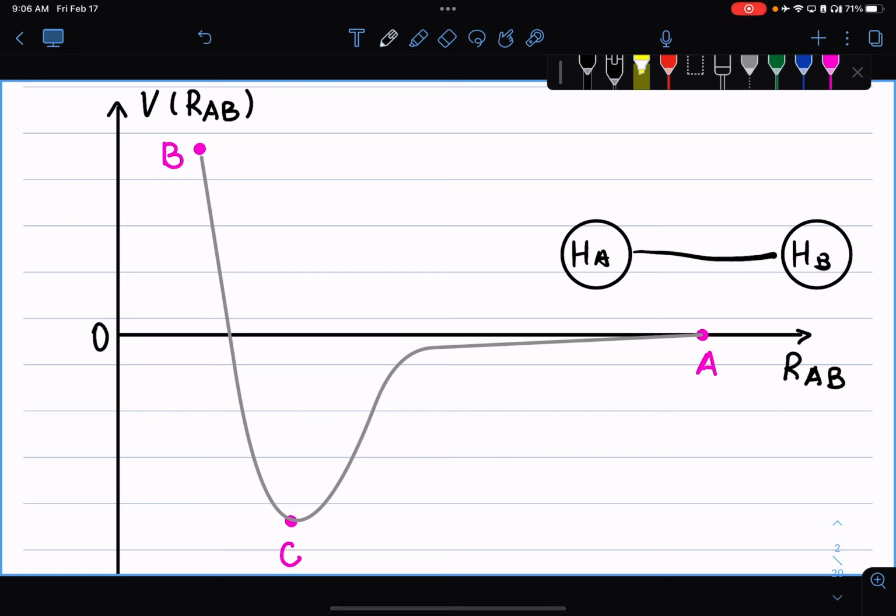They're infinitely apart. Maybe I should use a dashed line. Or we see the distance between A and B, RAB, is approaching infinity. So they don't see each other at all. There's no interaction.